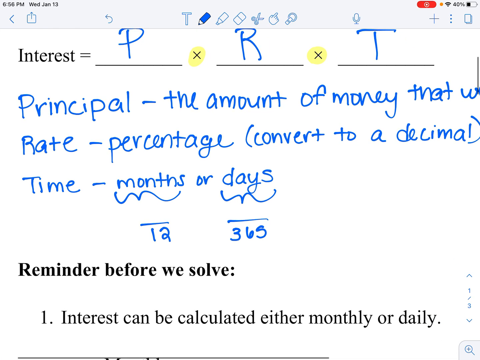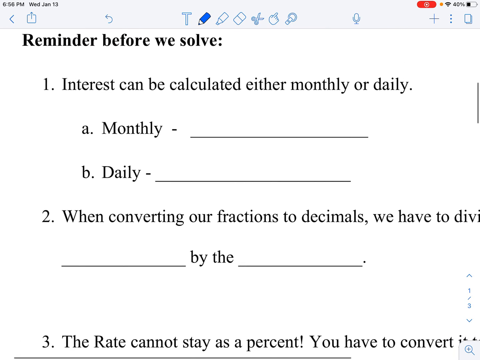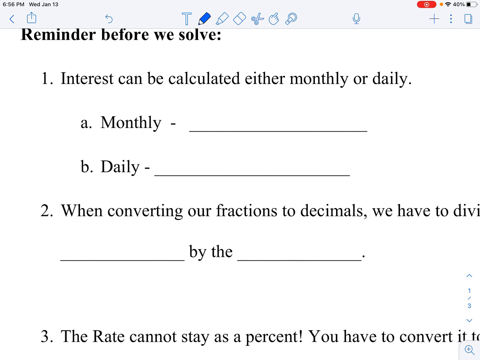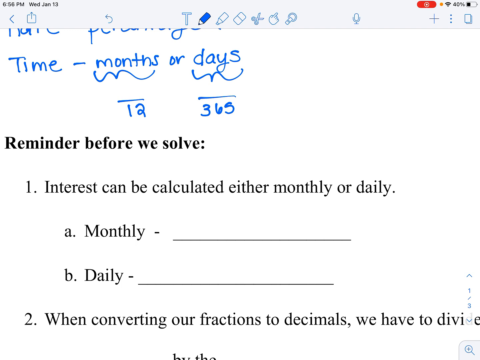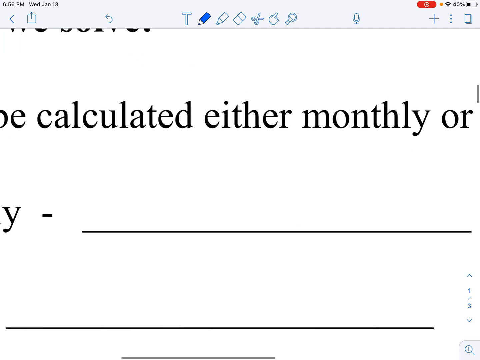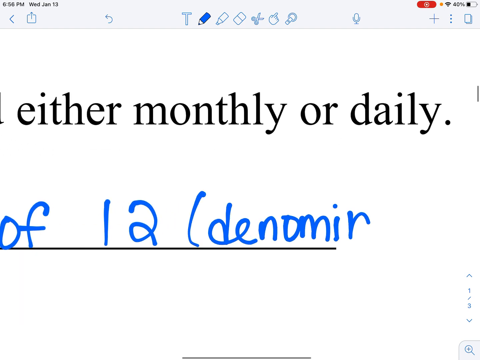So that's all depending on what the problem is asking for. Here, let's go over a couple of reminders before we solve to see what we can remember. Let's start with number 1, which says interest can be calculated either monthly or daily. Monthly, I basically just gave this to you guys. If it's monthly, it's going to be out of 12. That's going to be our denominator, right? And our denominator is the number on the bottom.